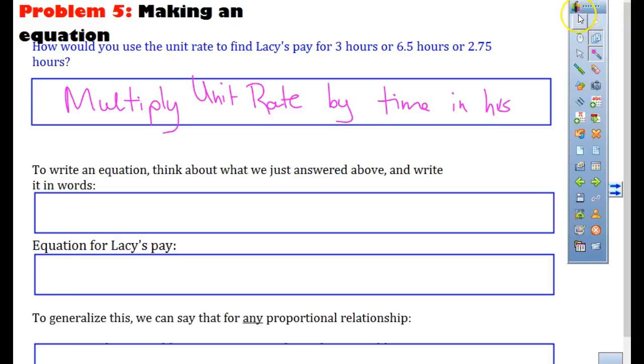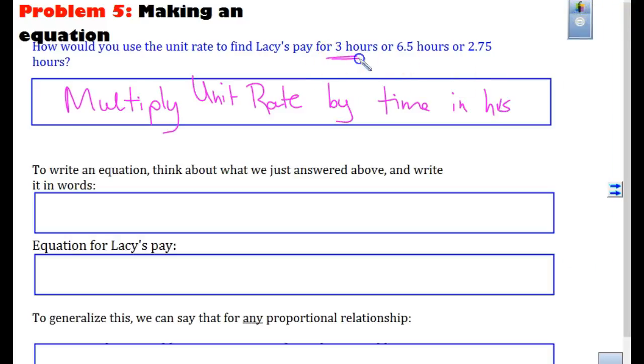Which means if I was looking at like this 3 and 6.5 hours, let's do that. Take your calculator out. 15 was my unit rate, $15 per hour, times 3 hours. 15 times 3, we already had that in our table, right? It was $45 that we are making for 3 hours of work.